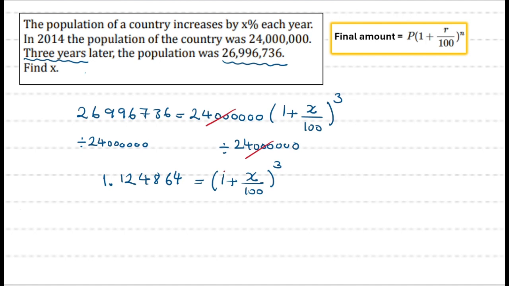At this stage, because we want to solve the equation to find the value of X, we have to get rid of the cubed, the power 3 here. So we need to do the opposite of cubing, which is cube rooting. So we have to cube root on both sides.